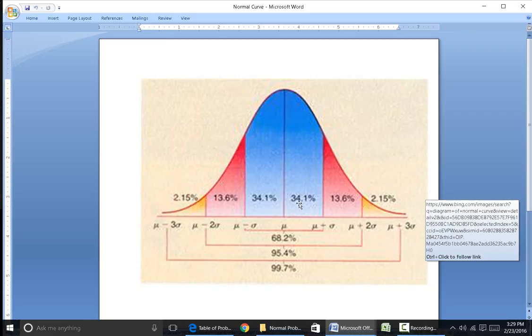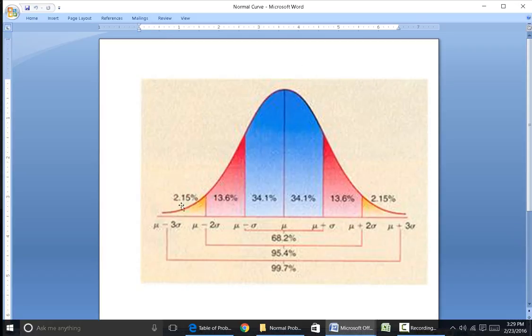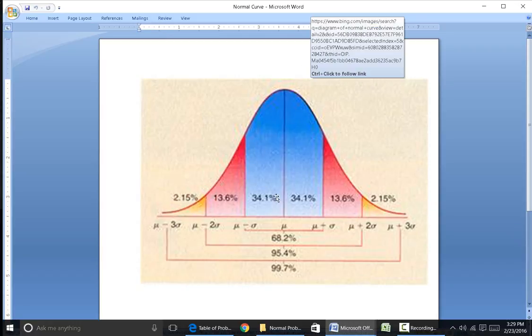Okay, so we can look at these as percents of something occurring. We can look at these as probabilities. We can look at this as area. Okay, what's the area under the curve? Again, it would be 100 or 100%. What's the probability under this curve? We normally would say 1.